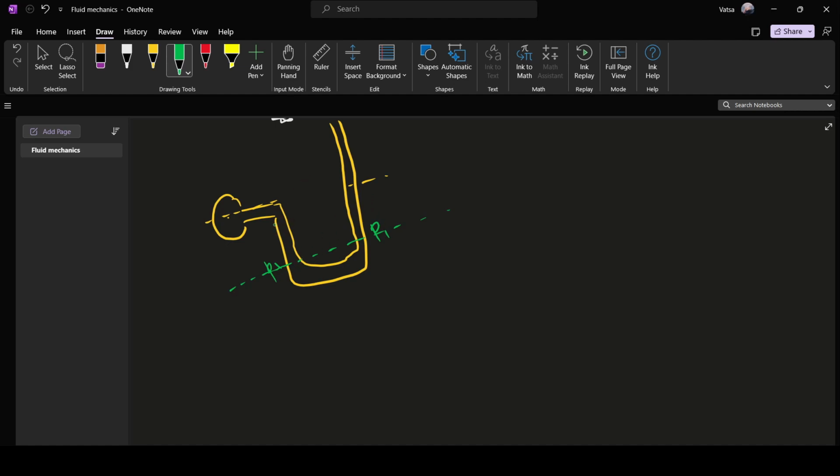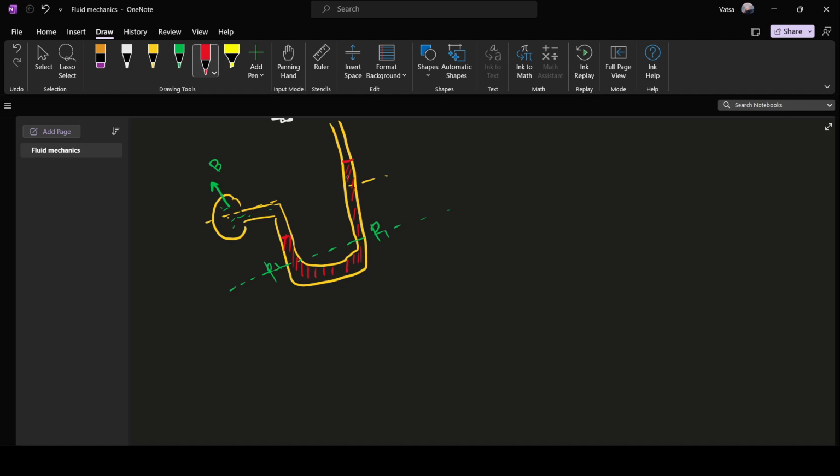So assuming there is one liquid here, let's assume that's liquid B, and there will be another liquid A which will do the rise and fall. So the liquid A will be like this.